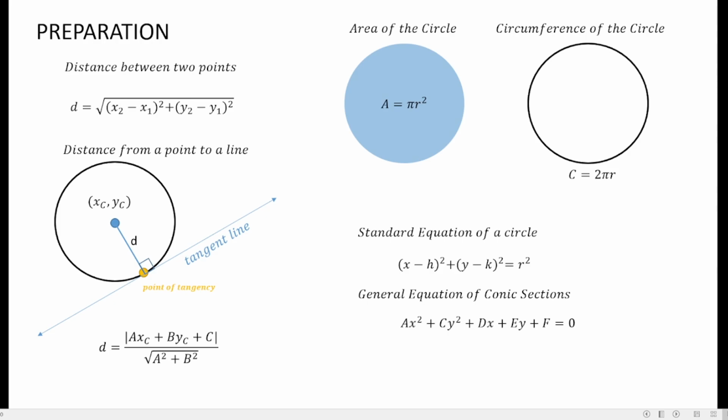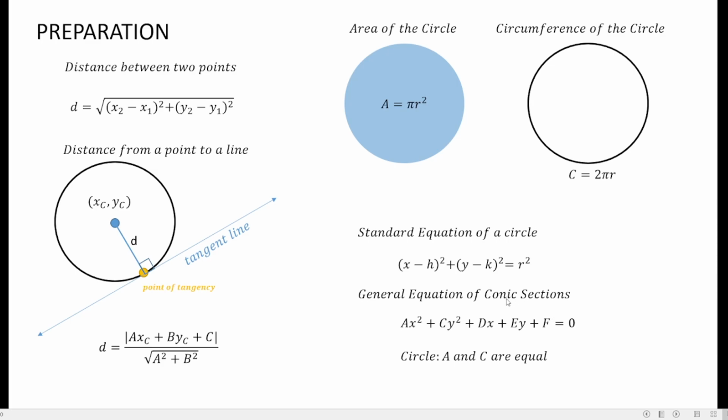Since we are talking about conic sections and specifically about a circle this time, it should be considered that A and C are equal. In this discussion, I am only considering general equations of conic sections where A and C are equal, because for the general equation to be an equation of a circle, A and C, the numerical coefficient of x squared and the numerical coefficient of y squared, must be equal.